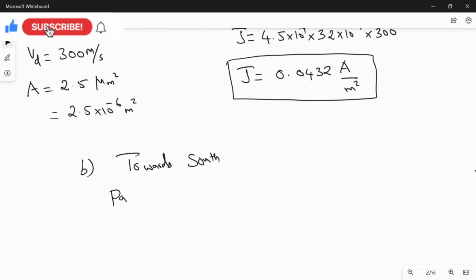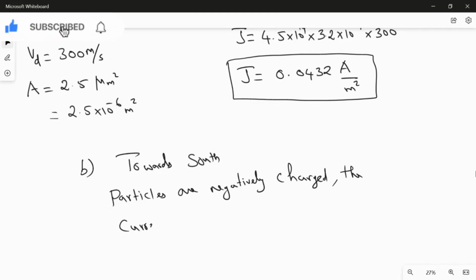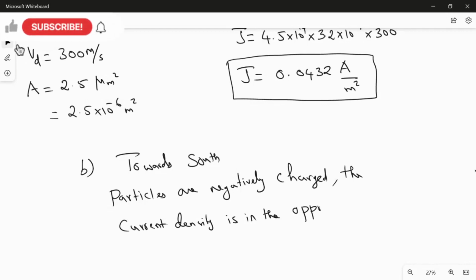Because the particles are negatively charged. Therefore, the current density is in the opposite direction. So this is the answer for the second question.